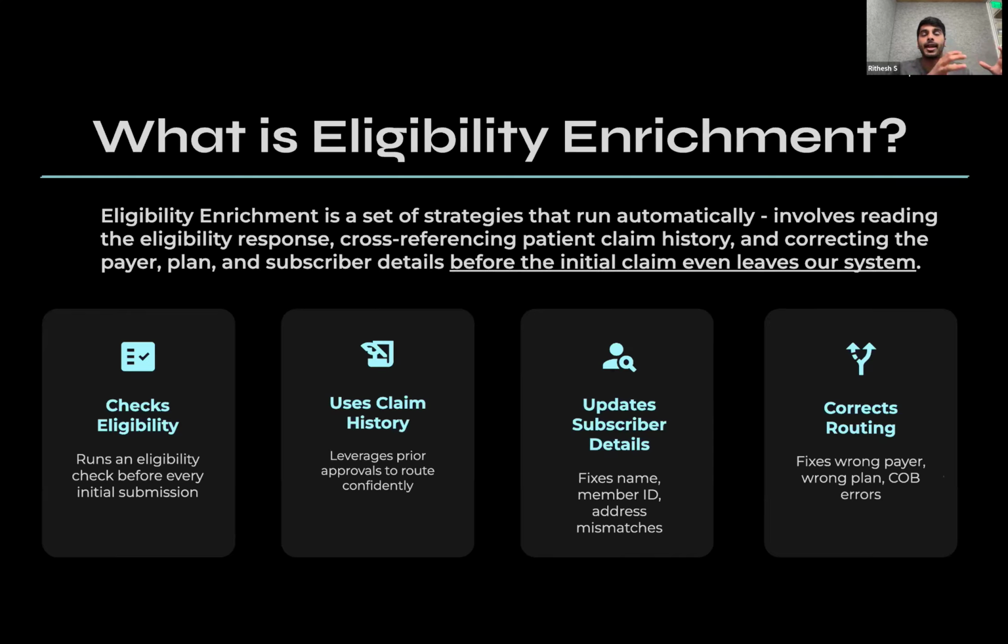So you can't directly trust the data that's coming through. You want to verify, make sure that we have all of the right details. So that's the main purpose. And so I just want to quickly walk us through what each of these strategies look like, right? What does each of them do?